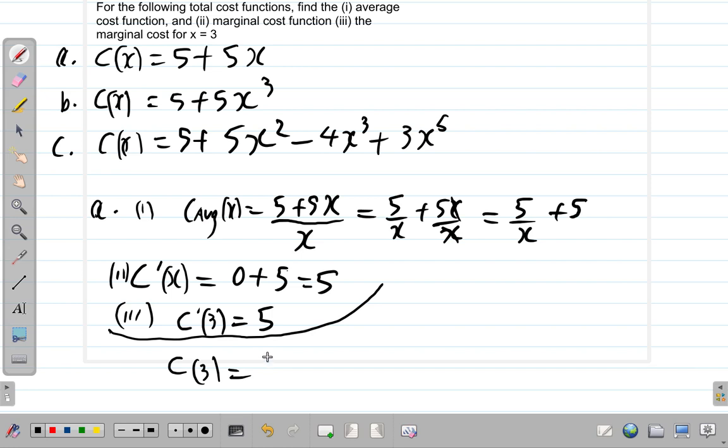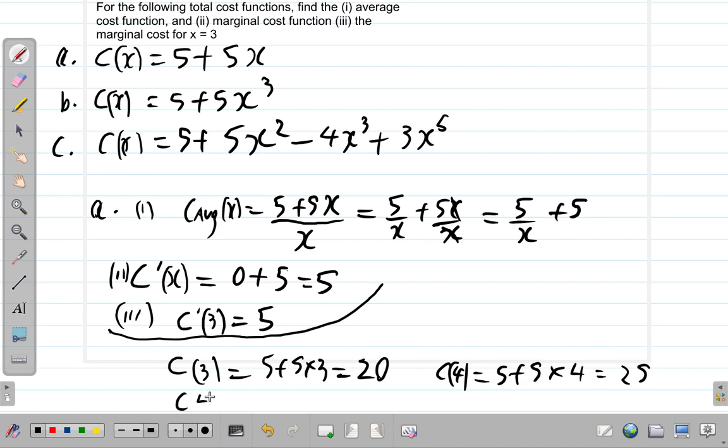C of 3 is 5 plus 5 by 3, which is 5 3s are 15 and 5, 20. C of 4 is 5 plus 5 by 4. 4 5s, 20 and 5, 25. When you subtract C of 4 and C of 3, what do you get? You get 25 minus 20 equal 5.